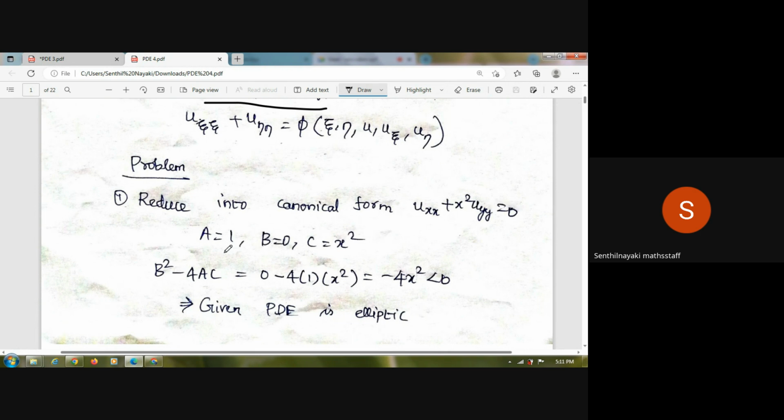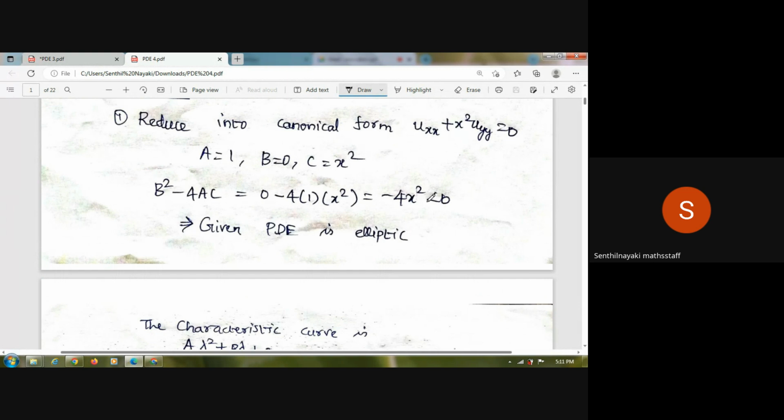So we are going to collect the coefficient of u xx, which is a, the coefficient of u xy is b, and the coefficient of u yy is c. Therefore a equal to 1, b equal to 0, c equal to x square.